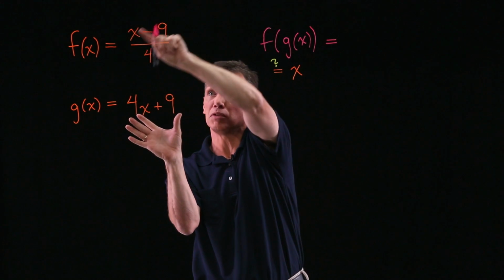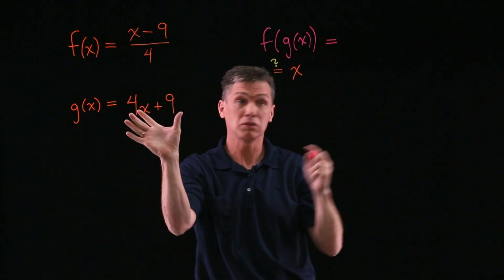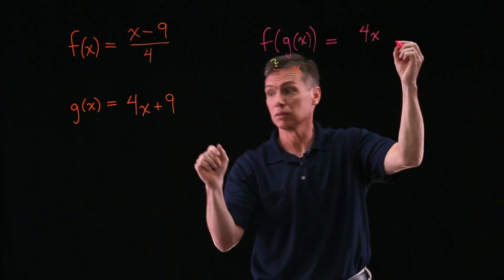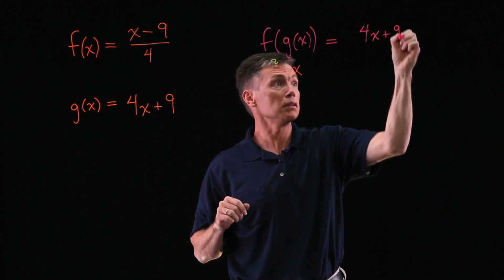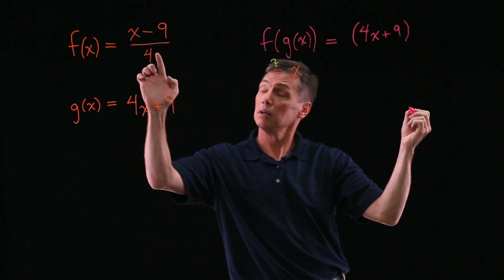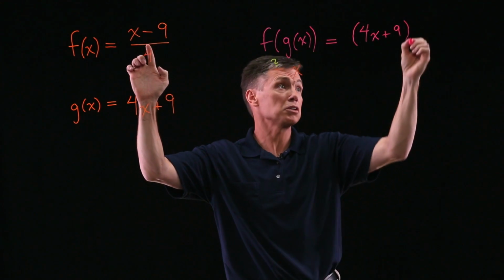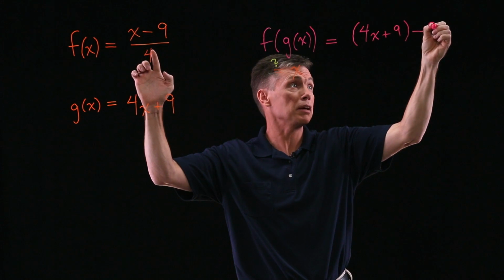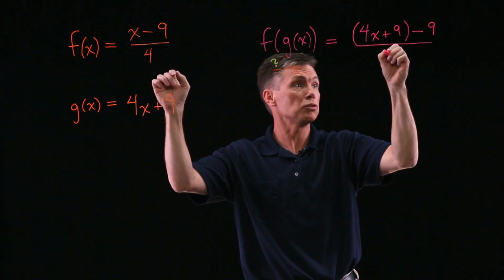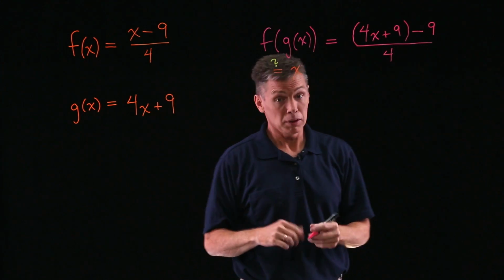So I'll start with this function, but instead of x, I'm going to put the entire 4x plus 9. That's my g of x function. Put that in parentheses, and then pick up there in your f of x function with whatever else is left, minus 9, all divided by 4, and then simplify.